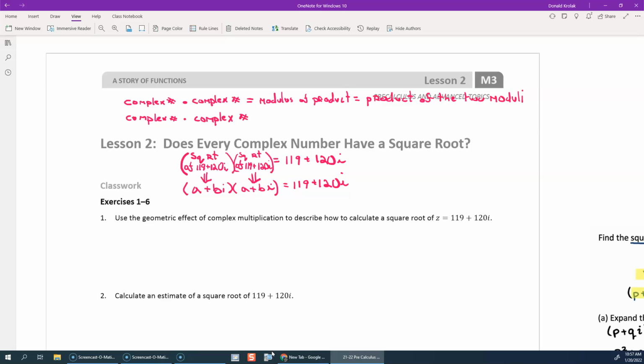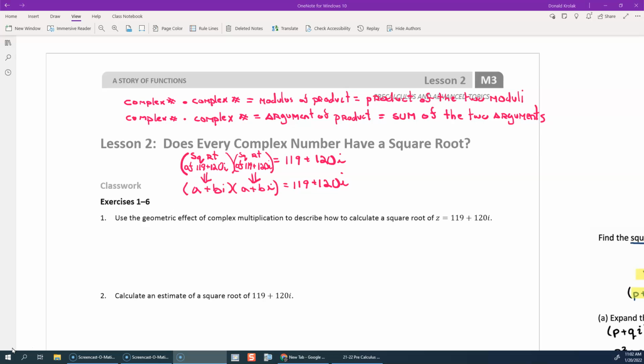If you did this, then the argument of the product equaled the sum of the two arguments. Okay, I'll give you a second to write that down.